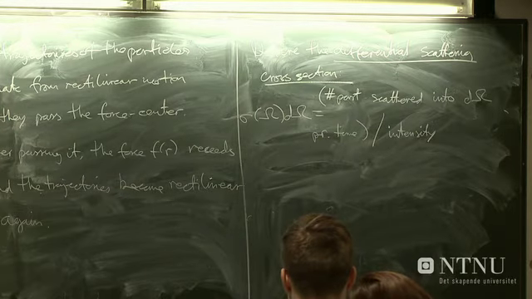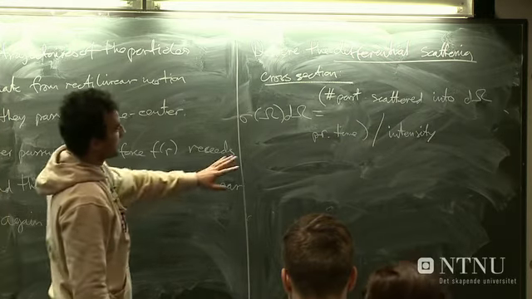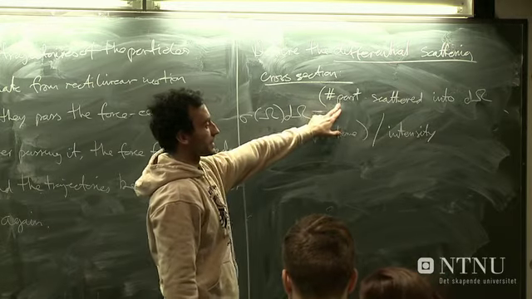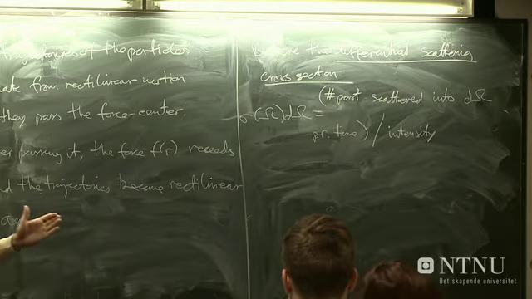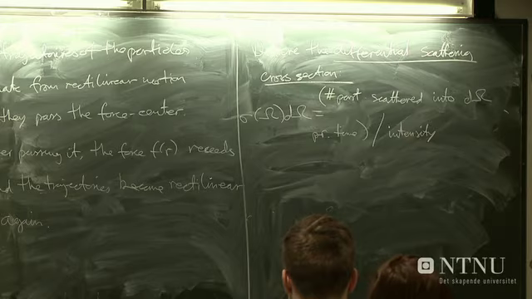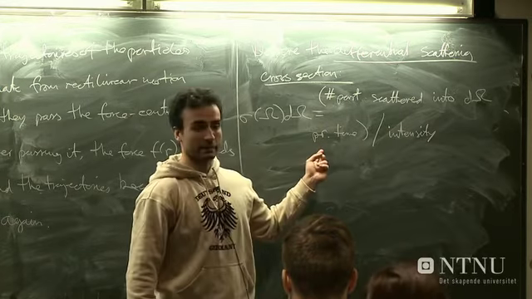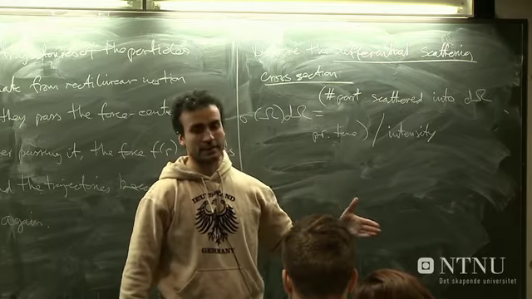The differential scattering cross-section is defined as follows. It's the number of particles scattered into a specific solid angle, d omega, per unit time, divided by the intensity of the incoming particles.